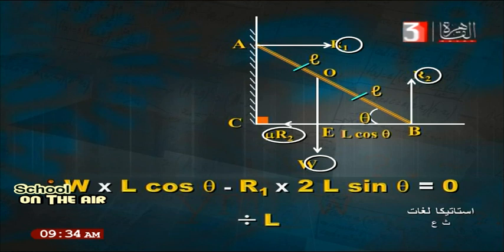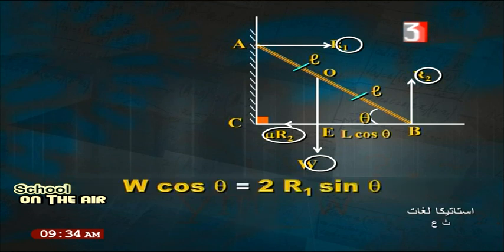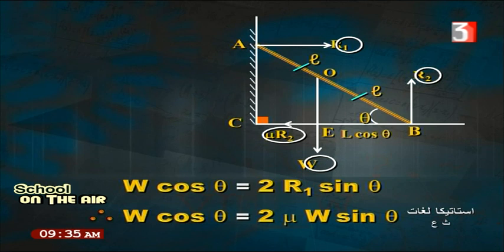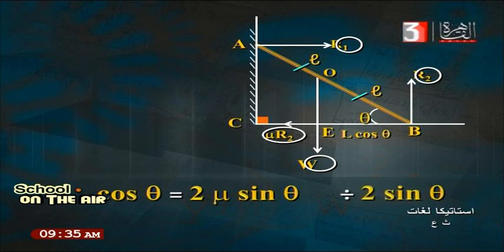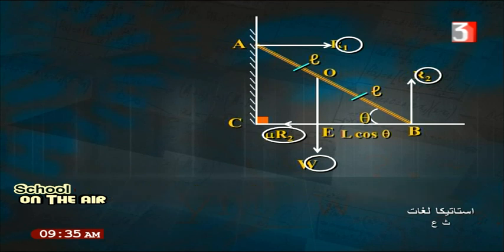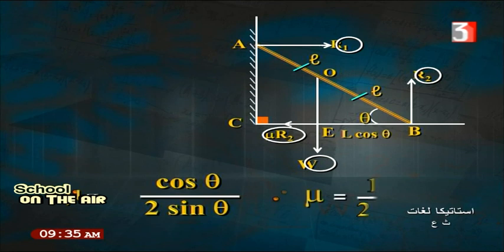Divide each term by L. Therefore, W cosine theta equals 2 R1 sine theta. We deduce that W cosine theta equals 2 mu W sine theta. Therefore, my dear student, cosine theta equals 2 mu sine theta. Divide each term by 2 sine theta to calculate mu. Therefore, mu equals cosine over 2 sine theta, which equals half cotangent theta.